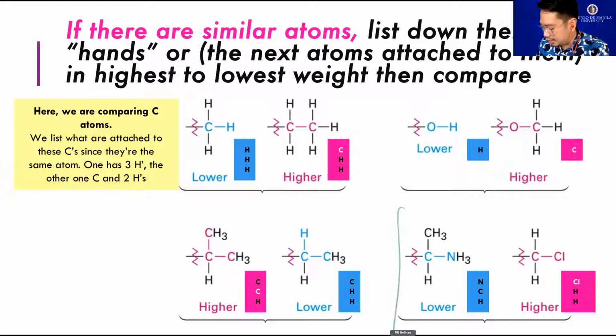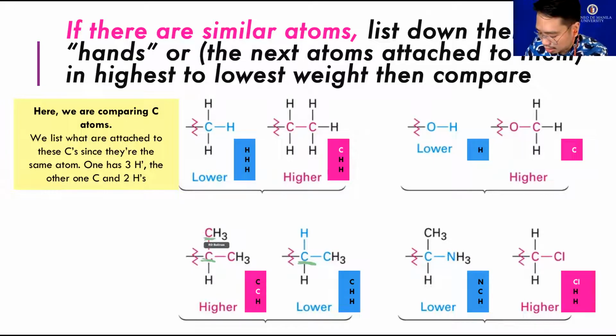Let's try this case here first on the left. Okay. So let's pretend these 2 carbons are caught in a tie. We don't know between first and second place or second and third place, etc. What will we do again? List down all the stuff that they have, or rather list down all the atoms immediately attached to the ones that tied.